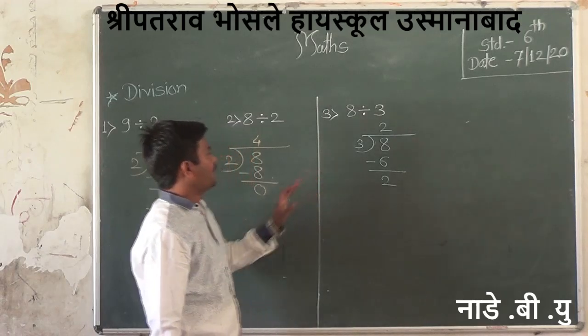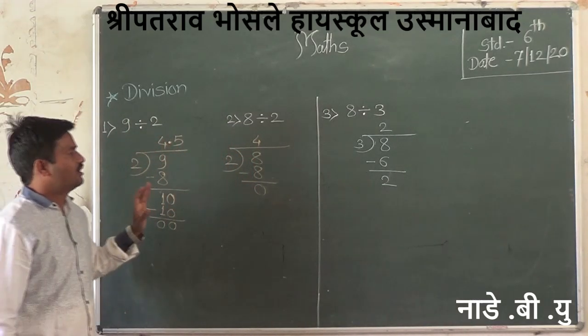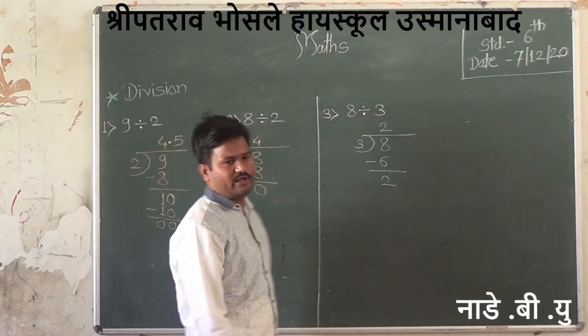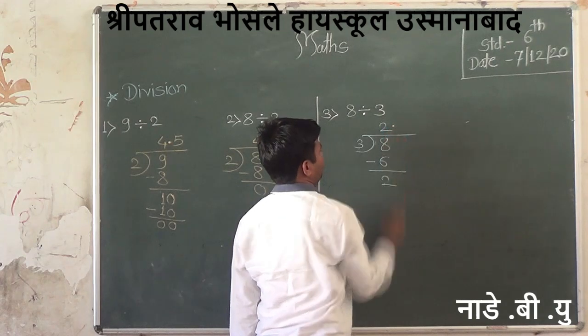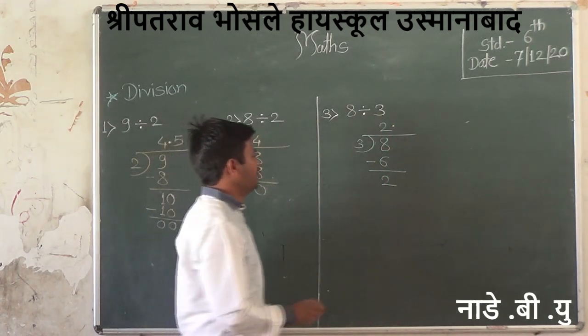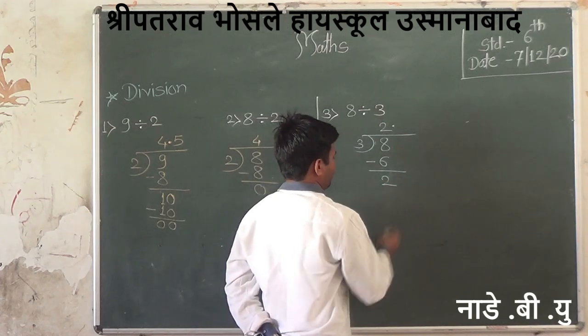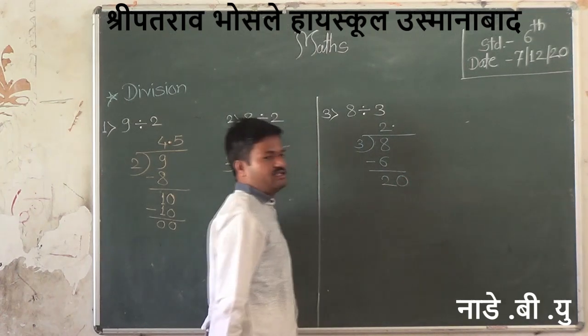Similarly to the first example, take a decimal point in the quotient. In front of the remainder, take 0. Write the 0.